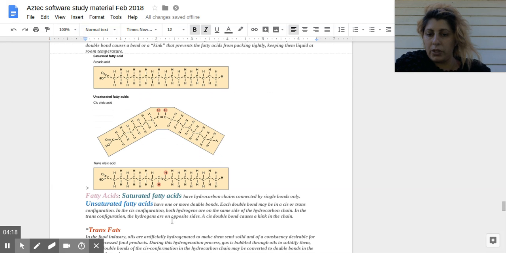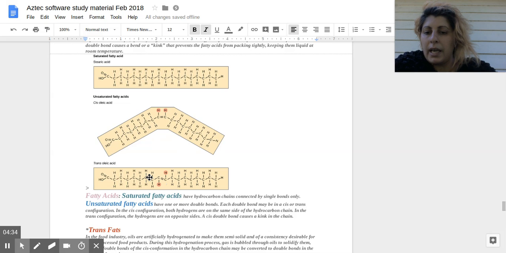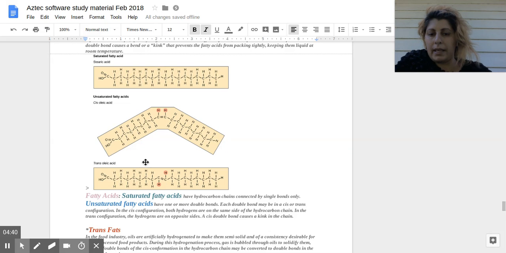So saturated fatty acids have hydrocarbon chains connected by single bonds only. Unsaturated fatty acids have one or more double bonds. Each double bond may be in a cis or a trans configuration, where the hydrogens are either on the same or cis plane, same side of the hydrocarbon chain, or on opposite sides.